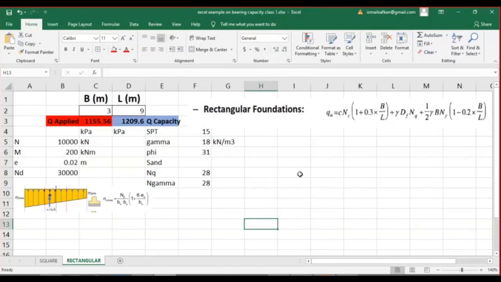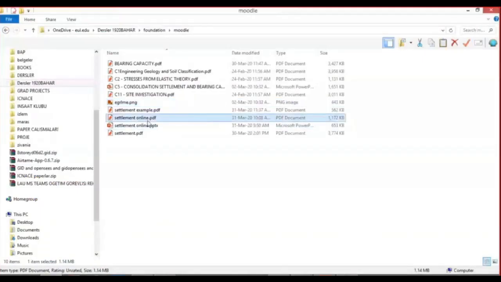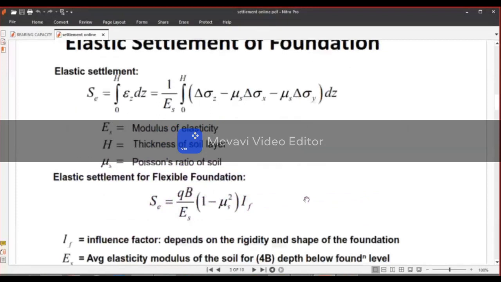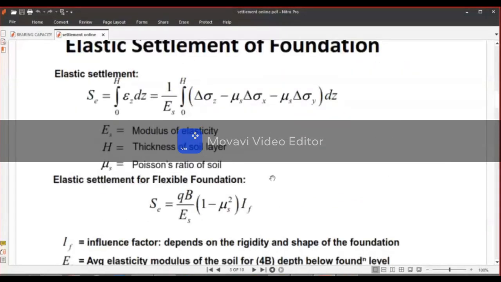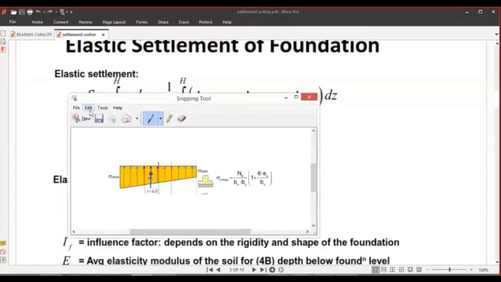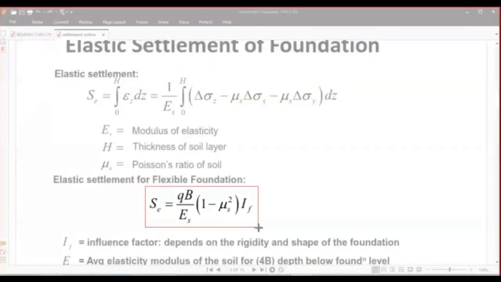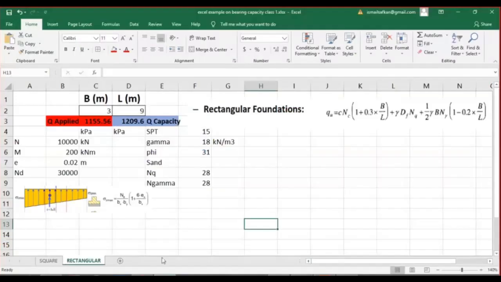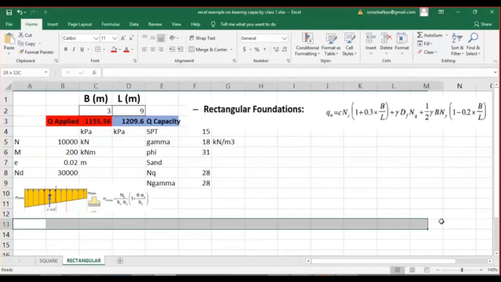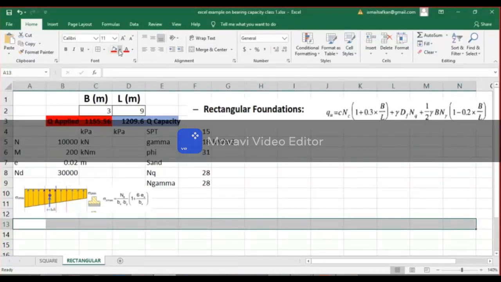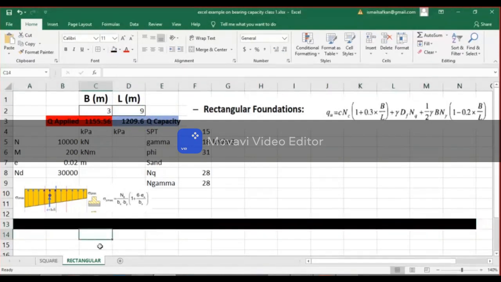Okay, so let's proceed with the settlement. For the settlement, we needed the elastic settlement side. We're looking for this settlement.